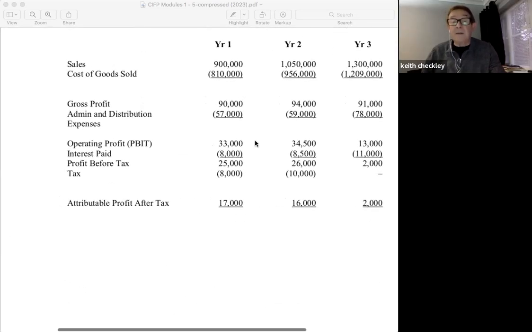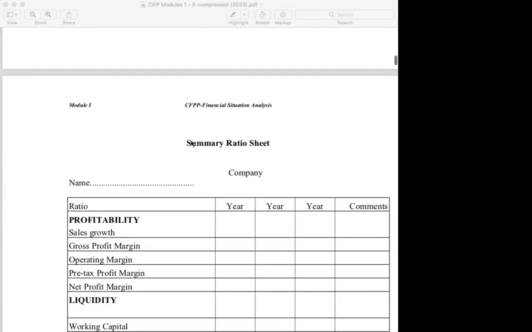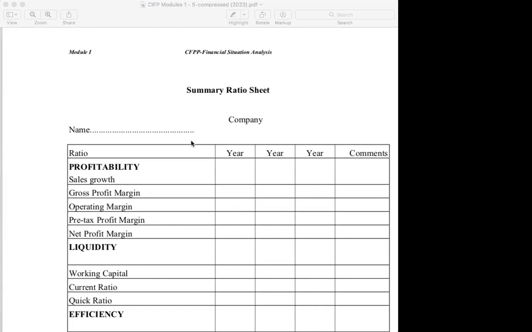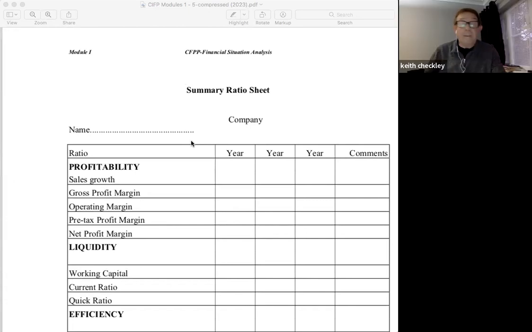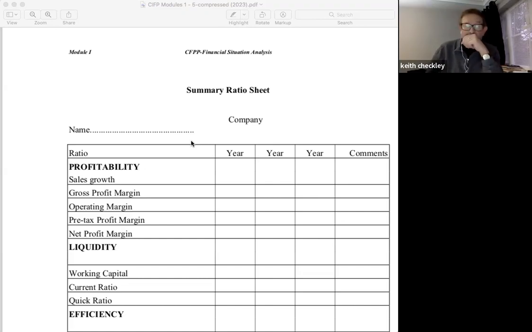So it's 33,000 divided by sales of 900,000 multiplied by 100, and you're going to give me it as a percentage. Do it on your phone or on the calculator if you've got it on the computer there. Multiply by 100 to give us it as a percentage.